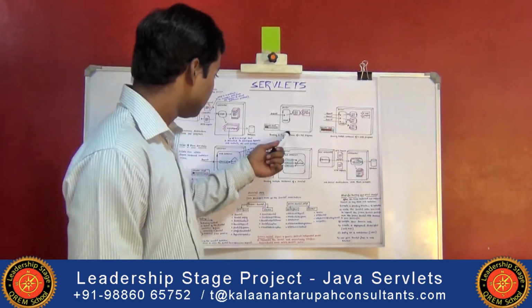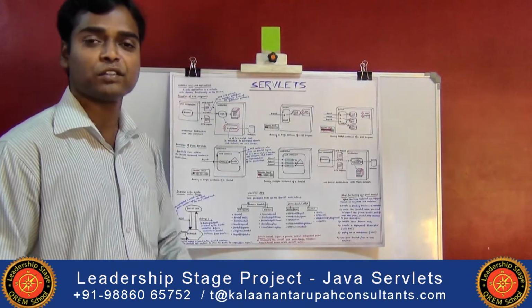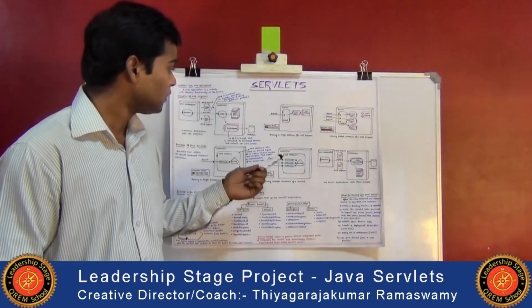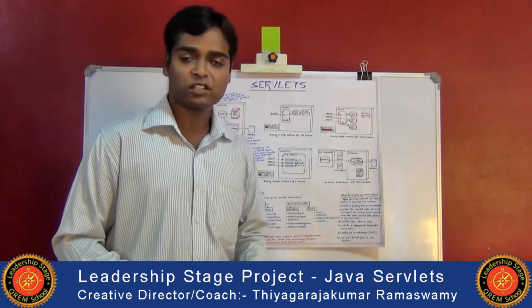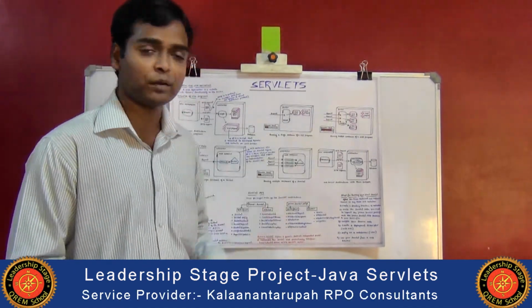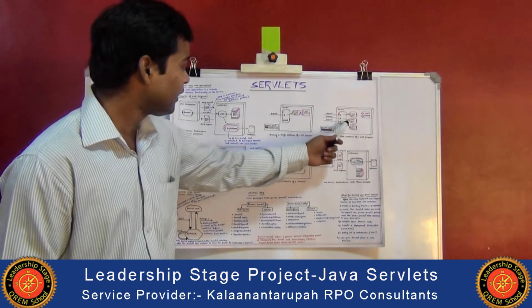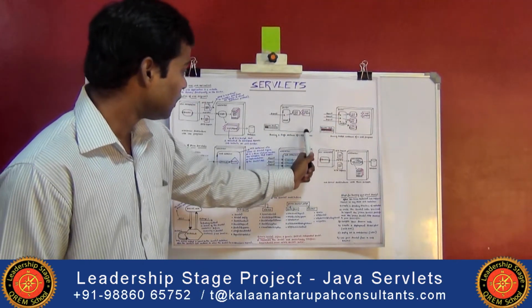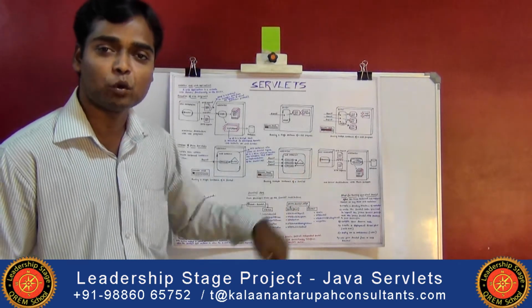This figure shows the running of a single instance of the CGI program. Whenever we have multiple instances of CGI programs running on the same web server, it will create a separate OS shell for each. For that, the processor load becomes more.